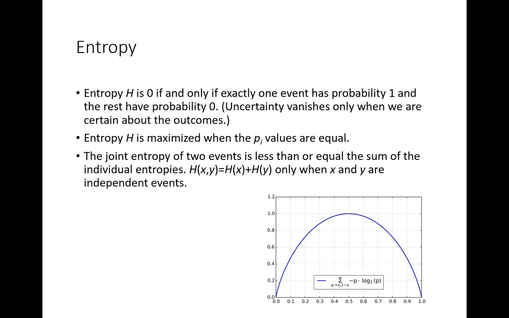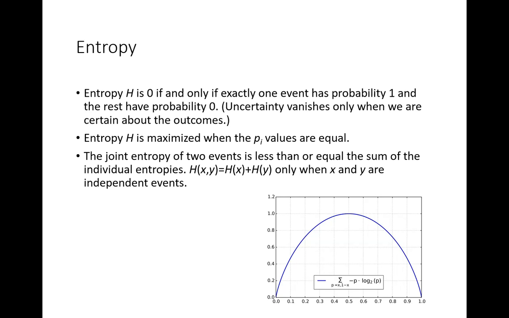For example, if you have a coin and the coin is not manipulated or biased, obviously when you toss the coin, either it can be head or tail, all right? Both have equal probability. So you can say the entropy of tossing a coin and observing a head or tail, that entropy is maximum, equal to 1.